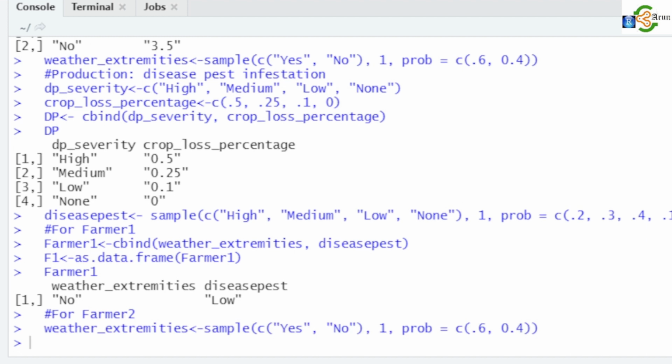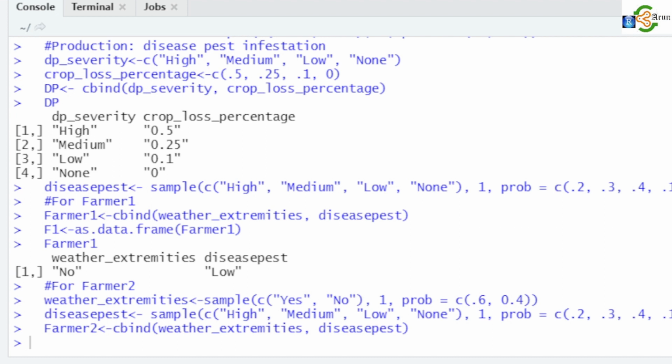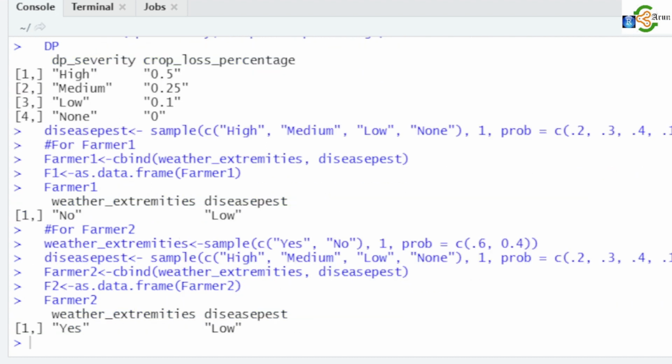We have taken a sample for the weather conditions and for the disease pest conditions, and we will bind this in a table and make a data frame. Look here: disease pest condition is low for both farmers, but farmer 2 encountered extreme weather conditions. Based on these situations, it will determine the production level. Okay, let's go for the production.